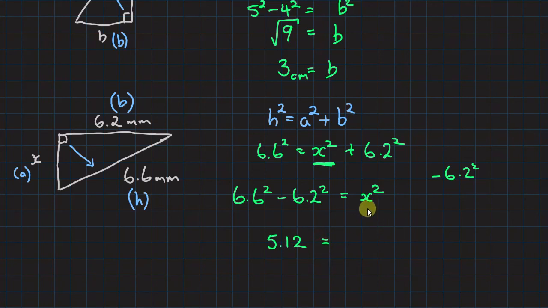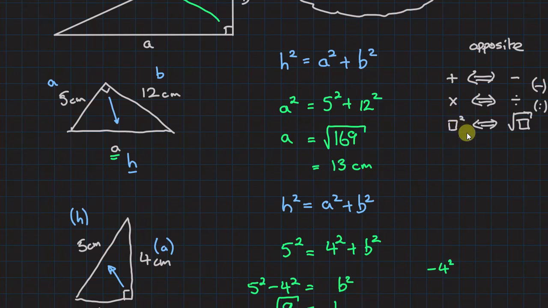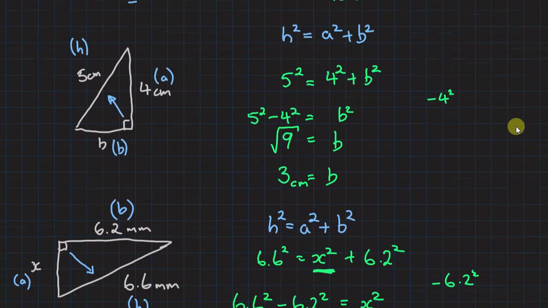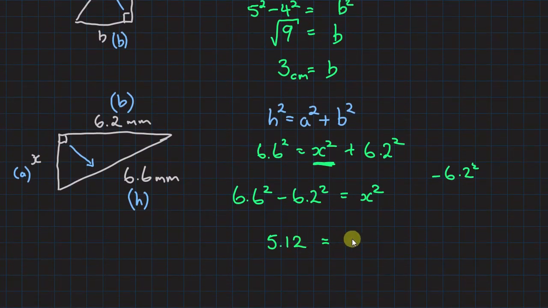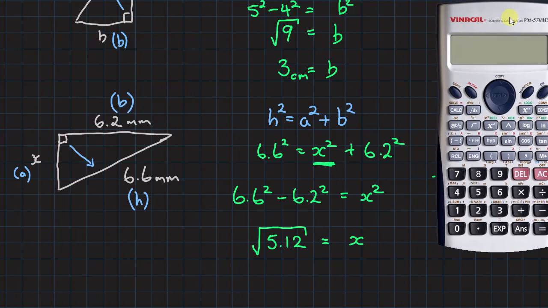But, just like before, I don't want the squaring, so I need to do a square root to turn it into an x. So x, the square root of x squared is x, so I need to square root the other side. And the square root of the 5.12 is 2.26. Just realised I've done a load of stuff on a calculator without showing you.